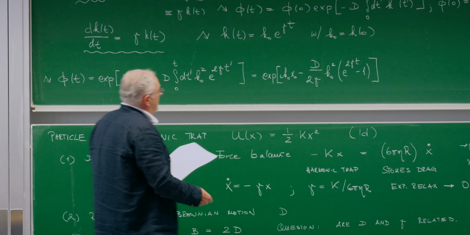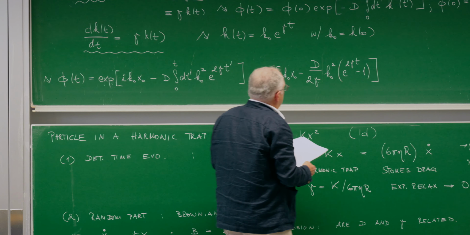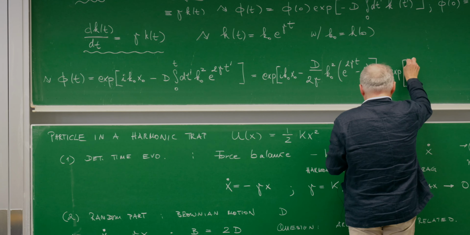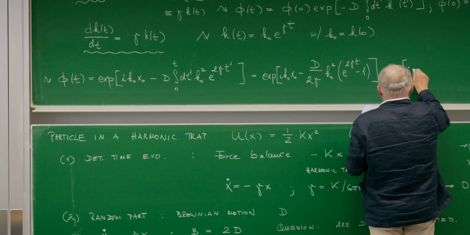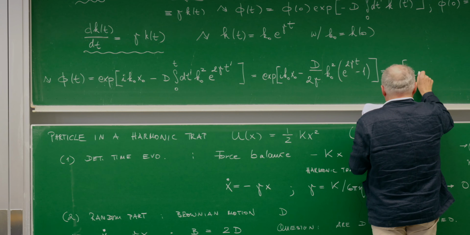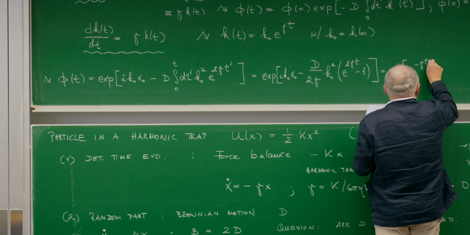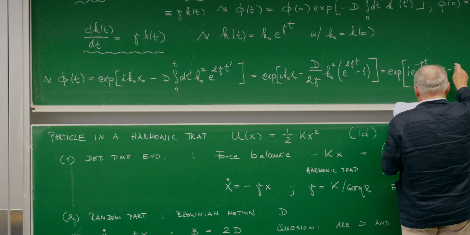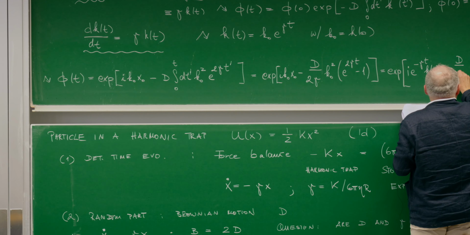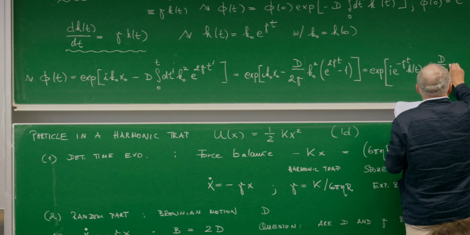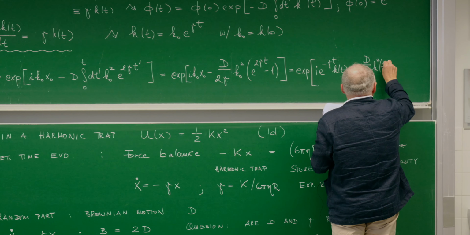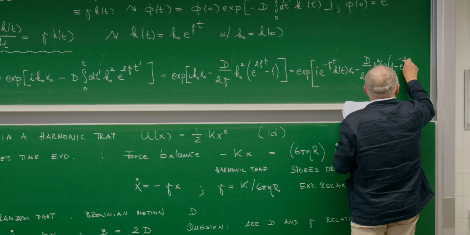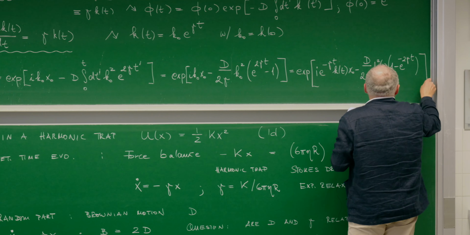And I can write this now instead of as a function of k0, I can also write this as a function of k of t. And then it becomes e to the i e to the minus γ t k of t x0 minus D over 2γ k squared of t times 1 minus e to the minus 2γ t.